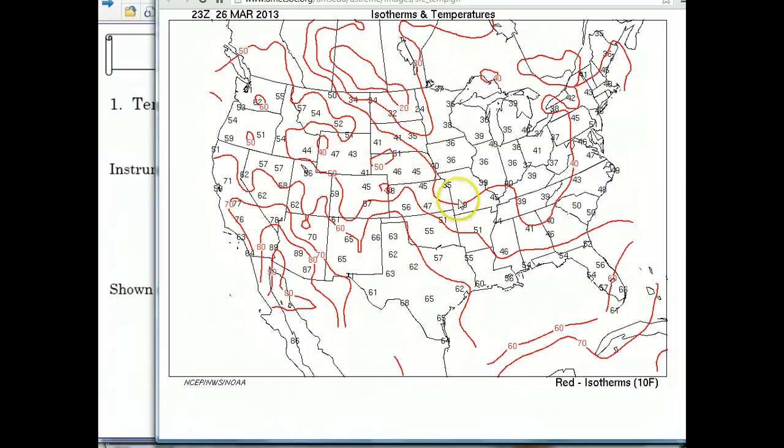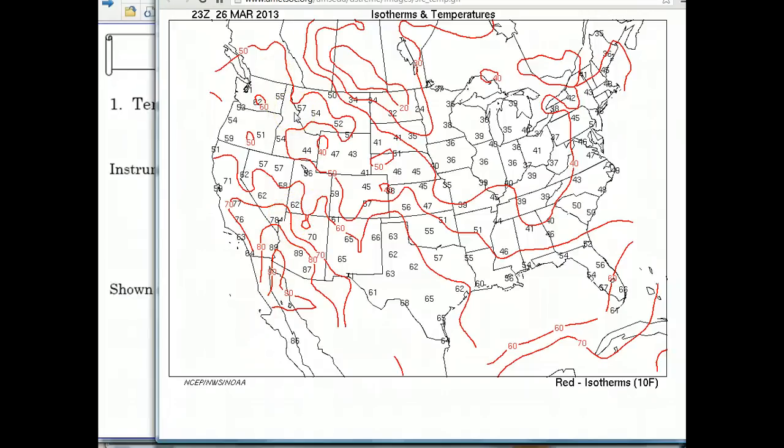So as you see, this connects places that are all at 40 degrees, and this connects places that are all at 50 degrees. And you can see that there's a central part where the coldest weather is right in here. And actually, sorry, the coldest part is here, and it's moving down into the eastern part of the United States, pushing down south here, and you get this warm air down here sort of moving its way up.